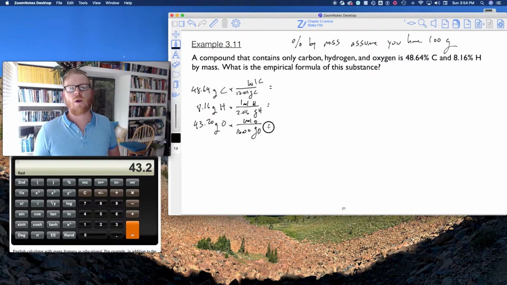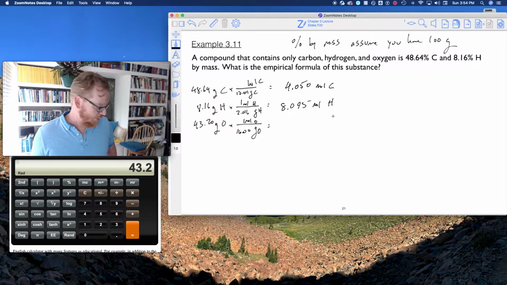And so when I convert these, 48.64 divided by 12.01 is 4.050 moles of carbon. When I do this calculation for hydrogen, I get 8.095 moles of hydrogen.